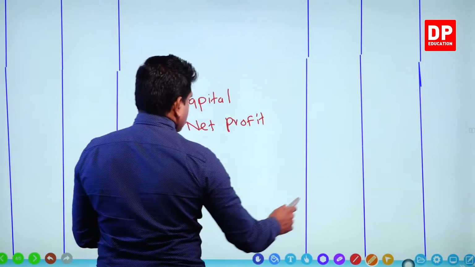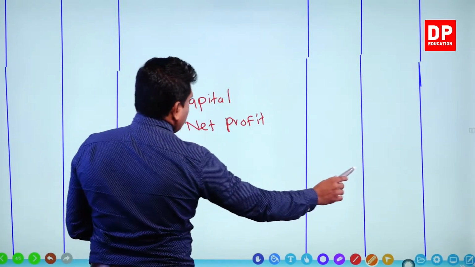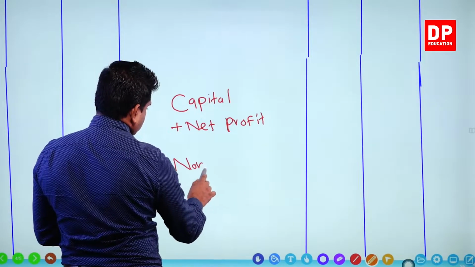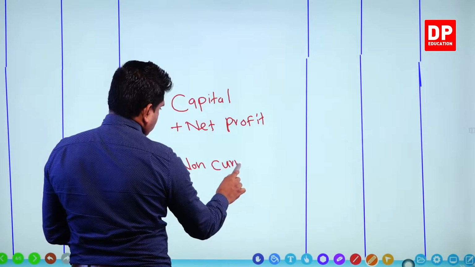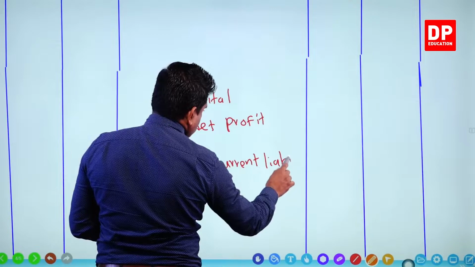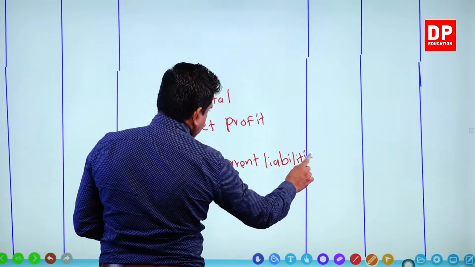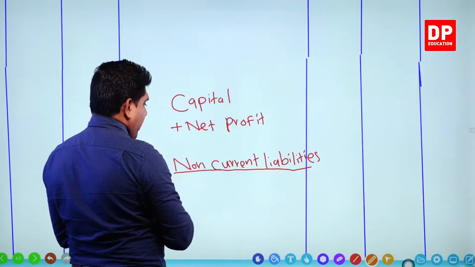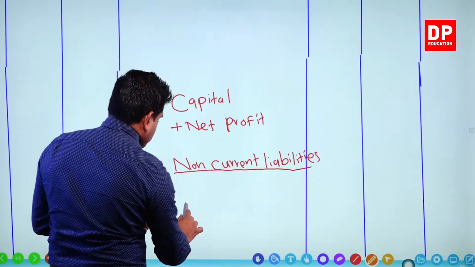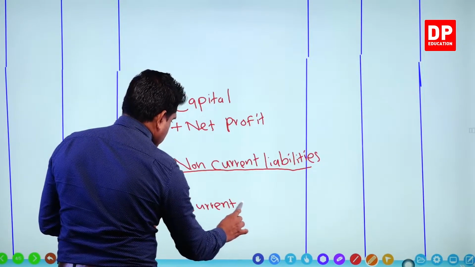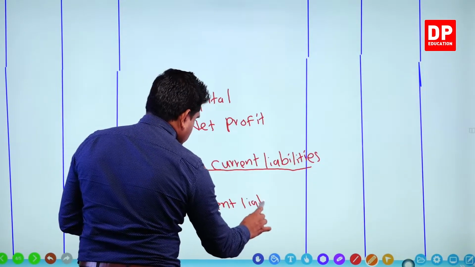Then non-current liabilities. There was only one non-current liability, the bank loan. After that, current liabilities.